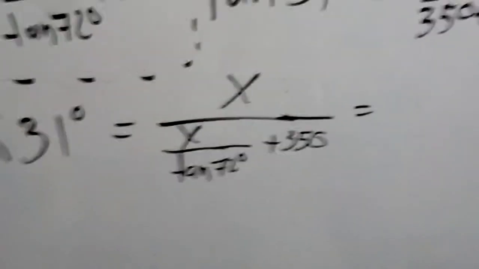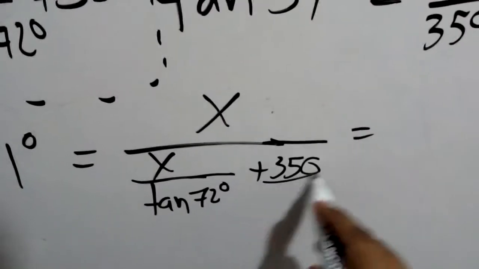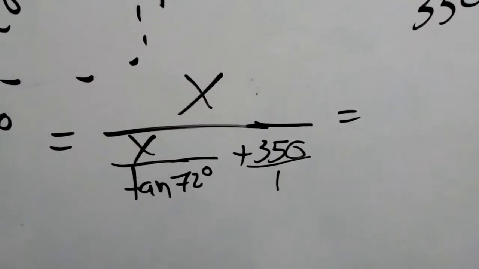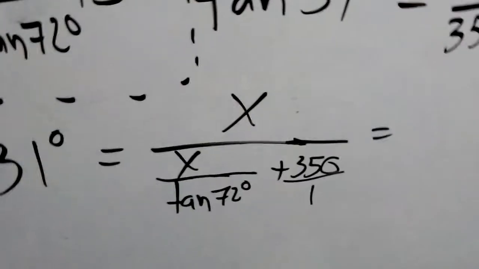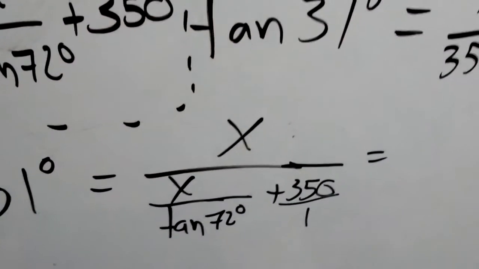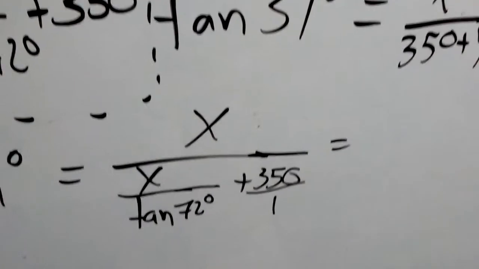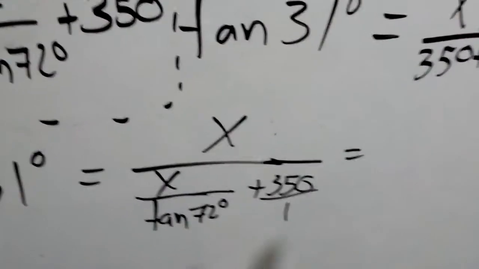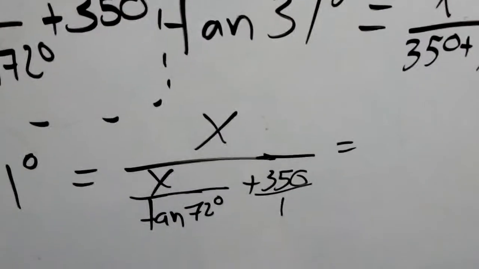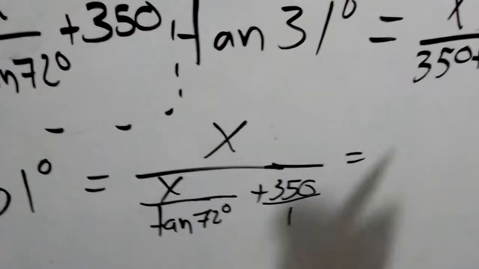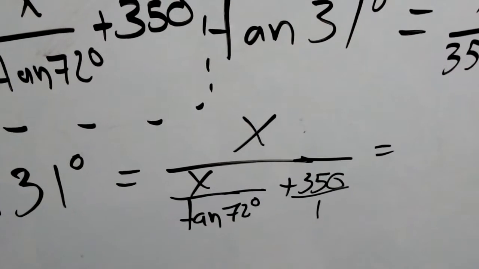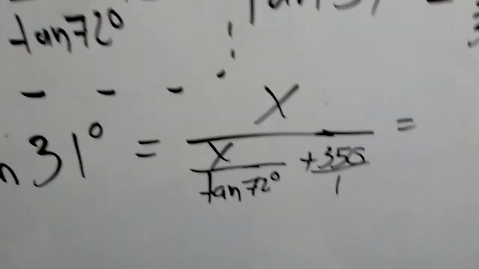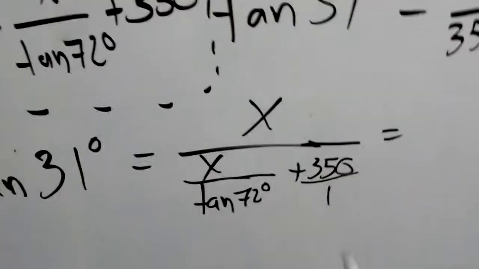To simplify it, just remember the basic rules of algebra. Put a 1 over it, make this the addition, and I think it will be useful to put a 1 under this x in order to use the rule for composite fractions, I mean fractions of fractions. You know the rule that you have to apply.